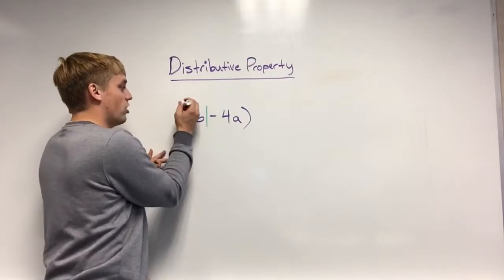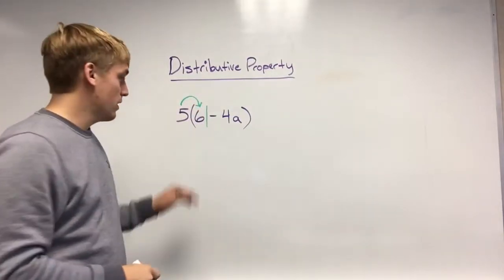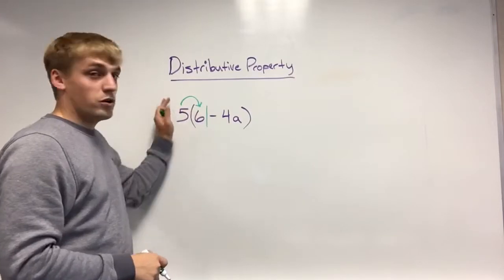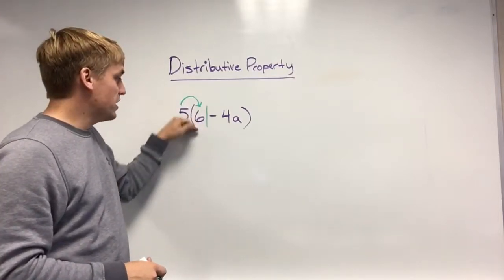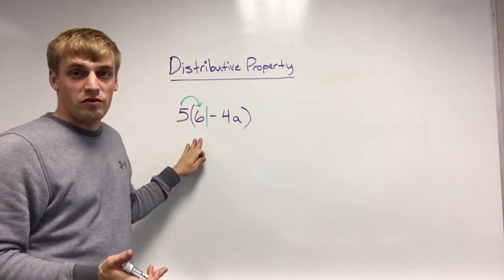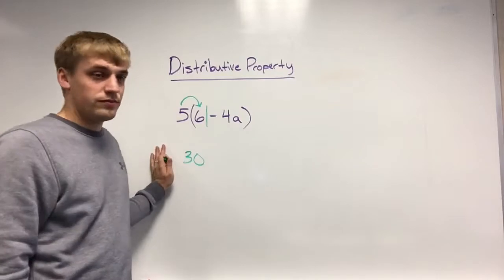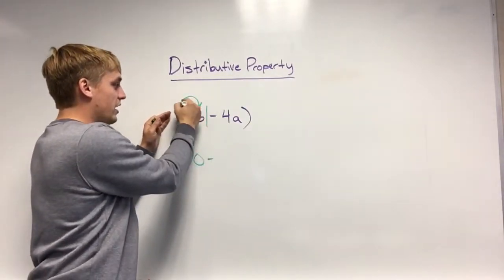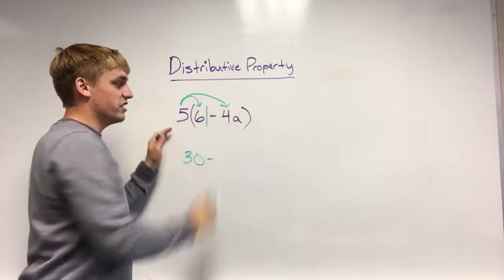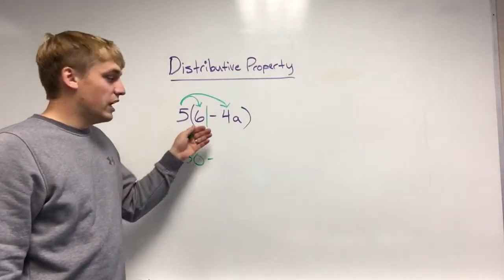I'm going to draw an arrow, and I want you to do the same thing in your notes as you take them. We're just going to multiply every time that we distribute something. So 5 times 6 is what? Well, 5 times 6 is 30. So we're going to write that underneath. Minus, we're going to distribute again to the second term, 5 times negative 4a.